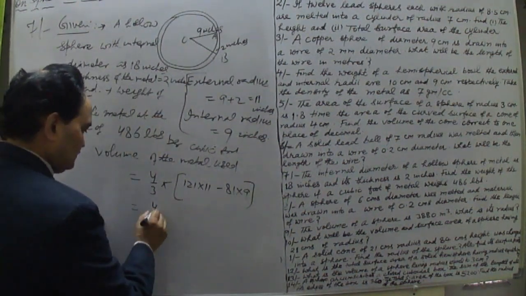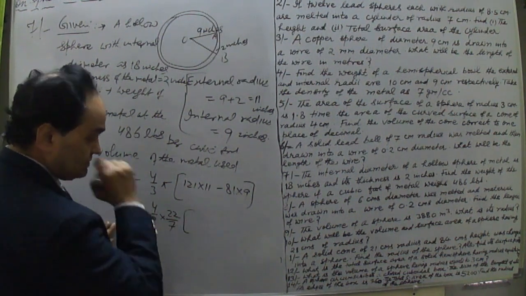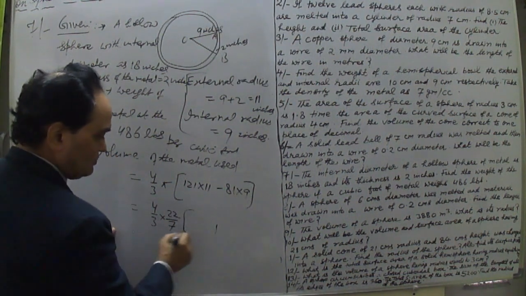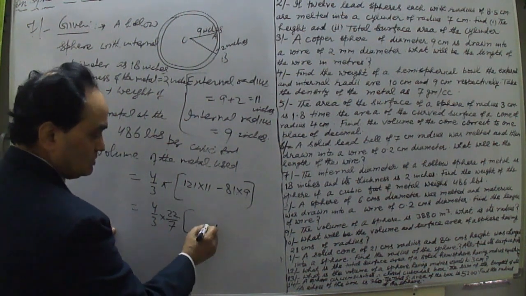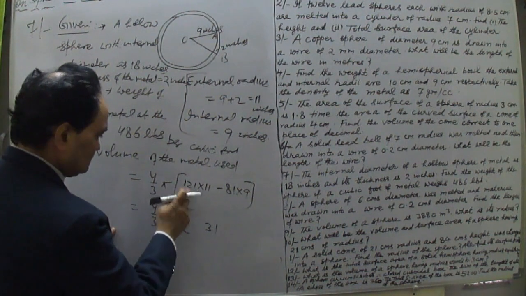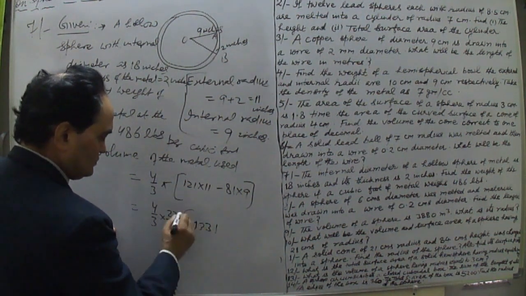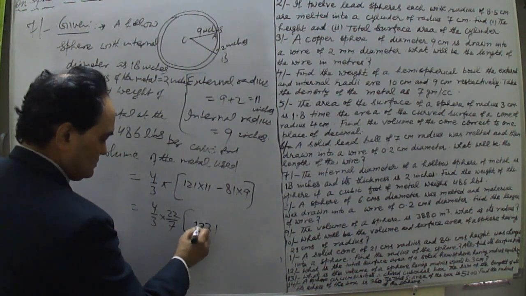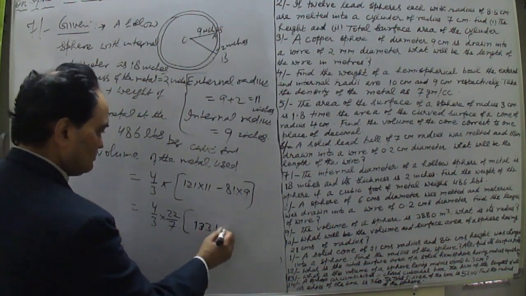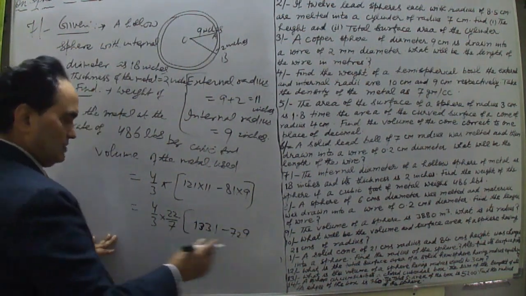So this is 4 by 3 into 22 upon 7, then in the bracket, 11 cube is 1331, minus 9 cube, 729.